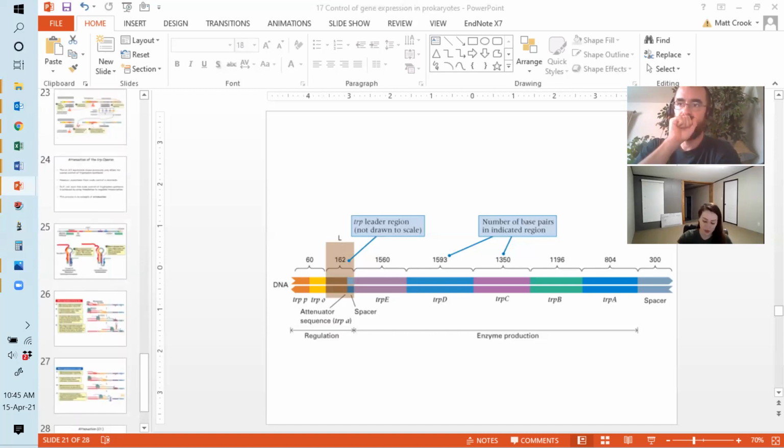Have a look through this. And always keep in mind, what is the purpose of this control? Right? What do we need from the expression of this particular operon? How do we determine once we have enough of that? How do we determine if we have the substrate present at all in the case of the lac operon? Think about what's the purpose of this operon, because the purpose of it, in terms of what it produces, will inform how it is controlled, right?